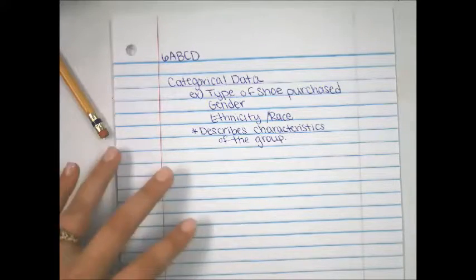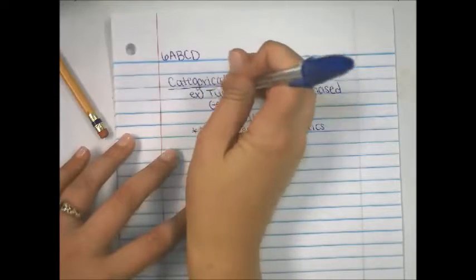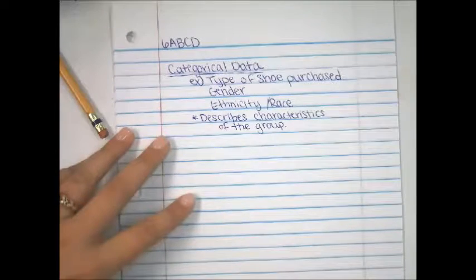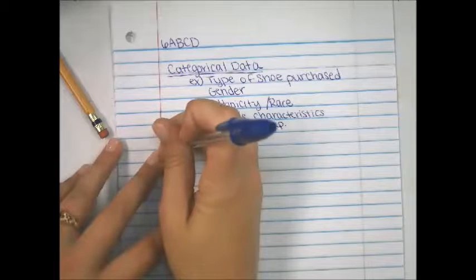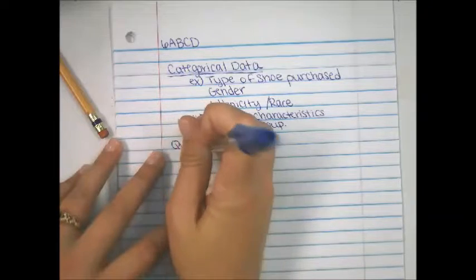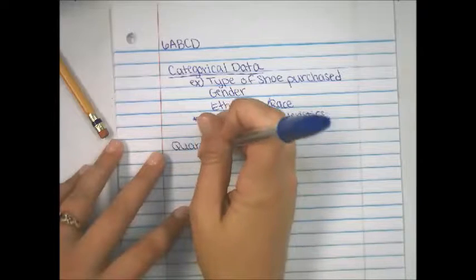Then we also collect data that's numerical, and numerical data is where our main focus is going to be as far as analyzing that data. A name for numerical data is quantitative.